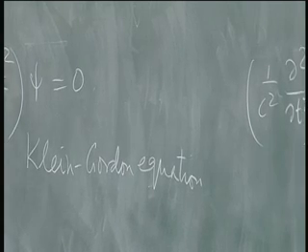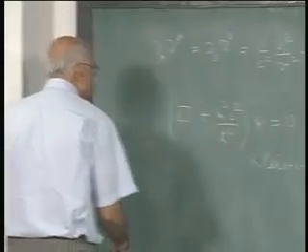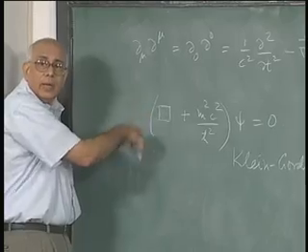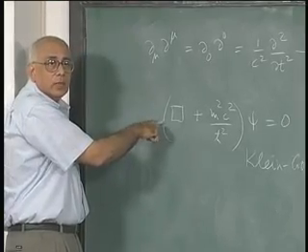What is the physical meaning of mc over h cross, or h cross over mc? This has dimension 1 over length squared because it has a del squared in it.